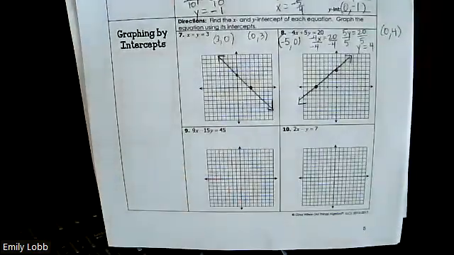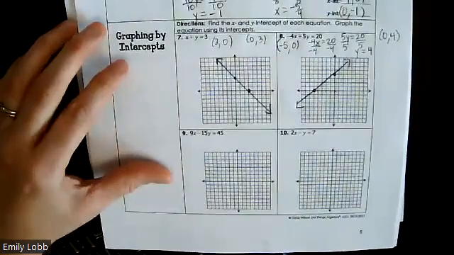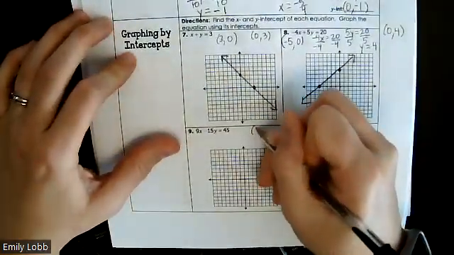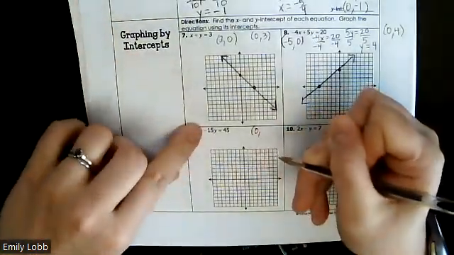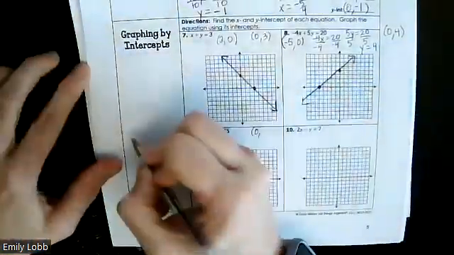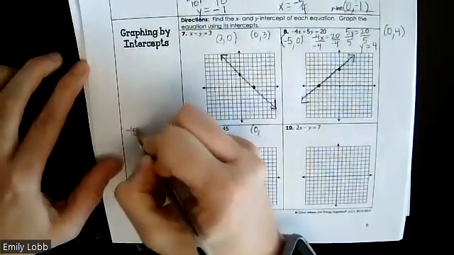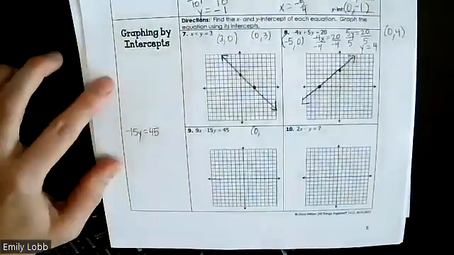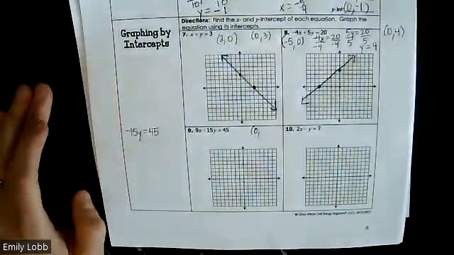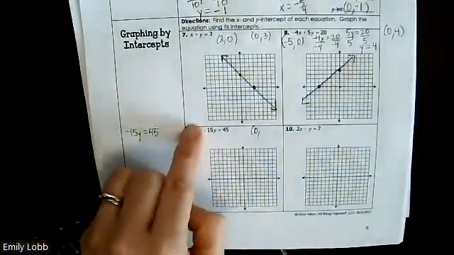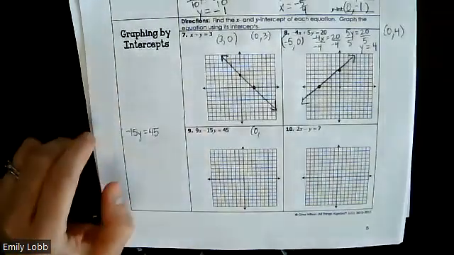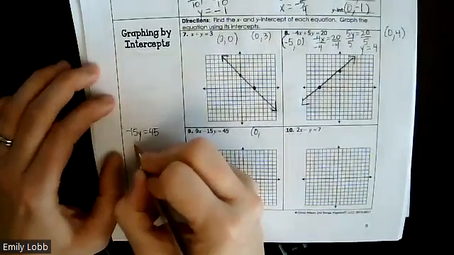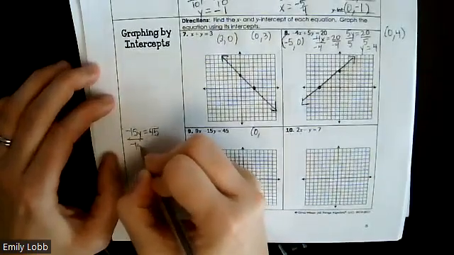Let's look at number 9. So if we're putting 0 in for x, this goes away, and we're left with that negative 15y equals 45. Right? Because 9 times 0 is 0. That goes away. And then we would just divide by our coefficient.